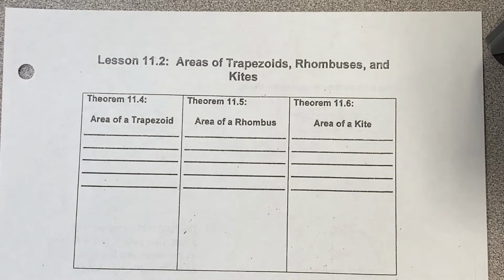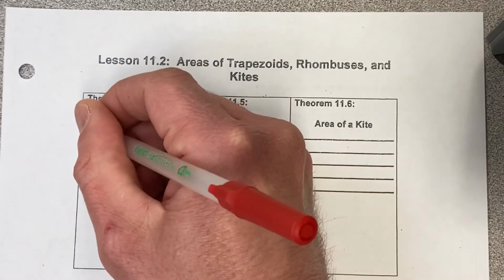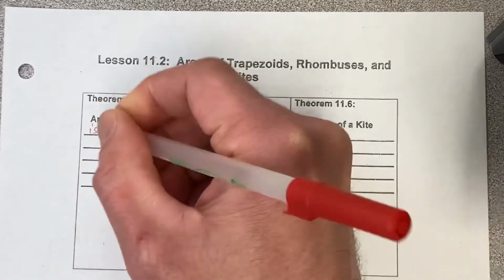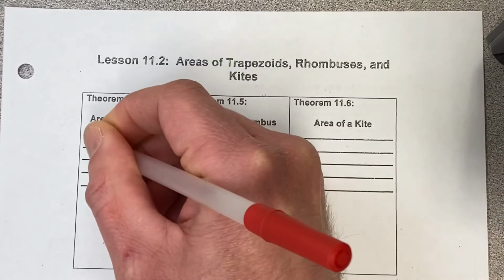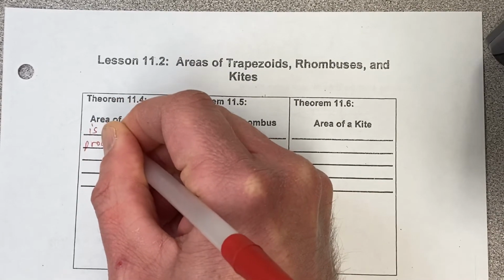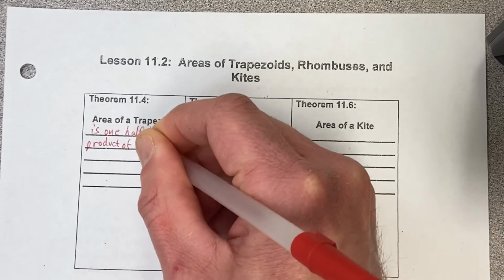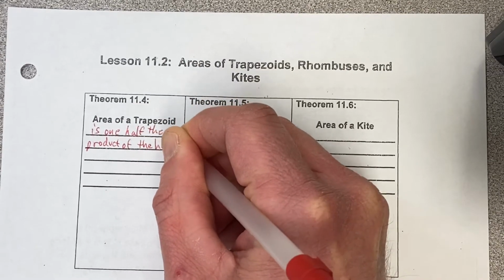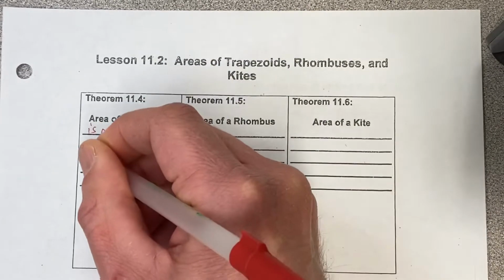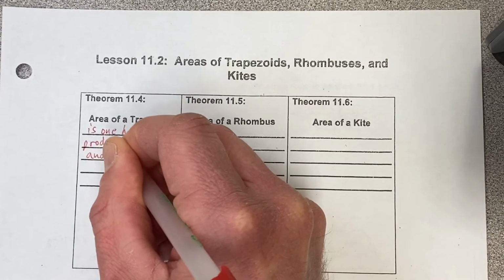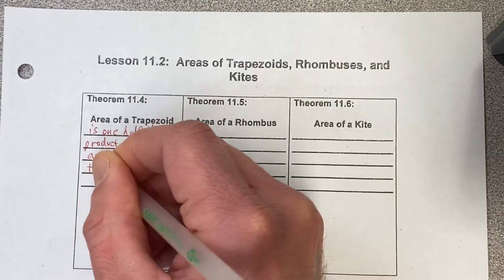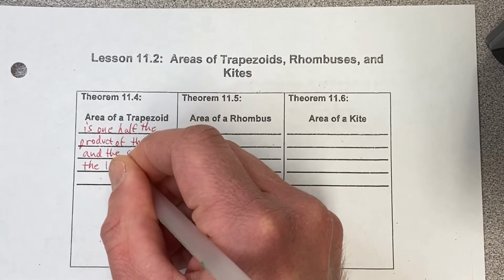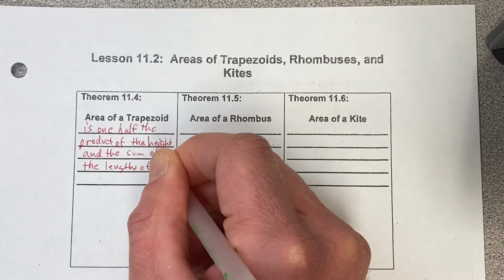It turns out that the area of a trapezoid is 1/2 the product of the height and the sum of the lengths of the bases.